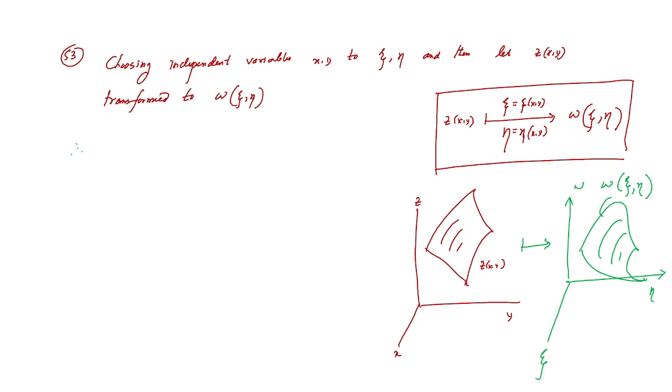So now we will calculate del omega del x. So that will be del omega del xi del xi del x plus del omega del eta del eta del x. Here you will do the rough calculation.